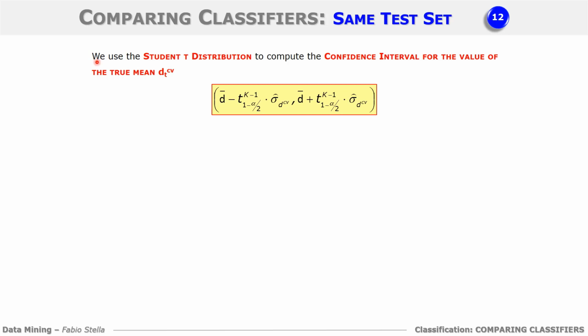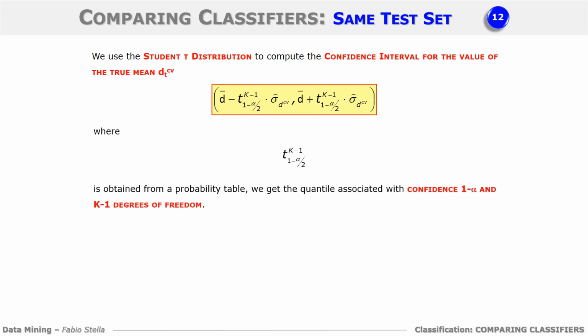Under this setting, we use the student t distribution to compute the confidence interval for the value of the true mean d true CV. In particular, the resulting confidence interval is the one that is shown here, where the only difference with respect to the confidence interval that we have presented before in the case of different test sets is the fact that here we use t of 1 minus alpha divided by 2, K minus 1.